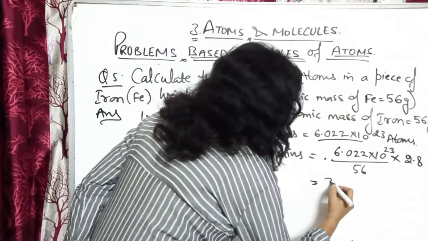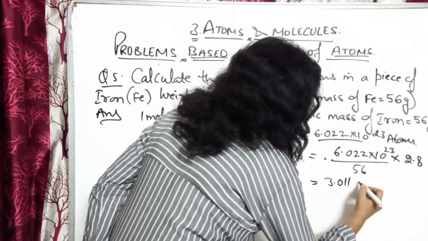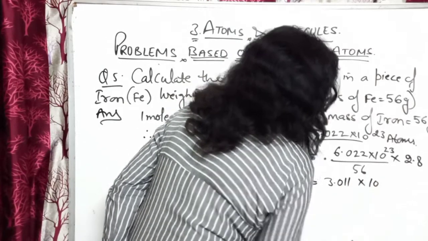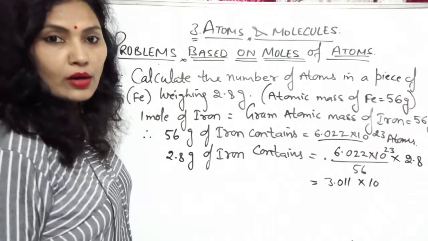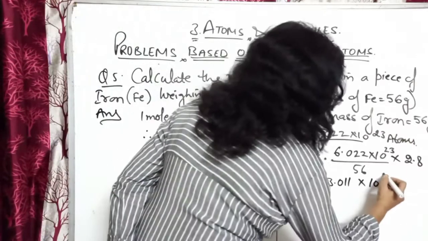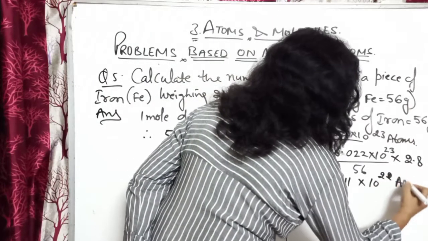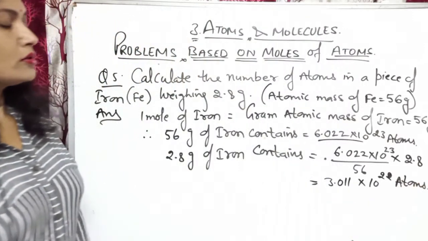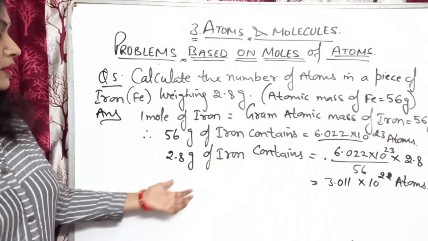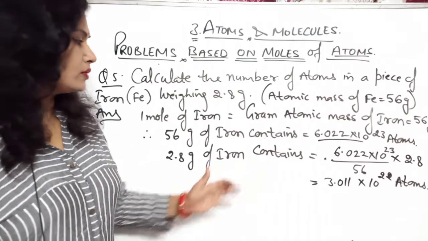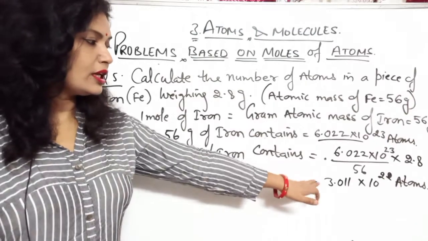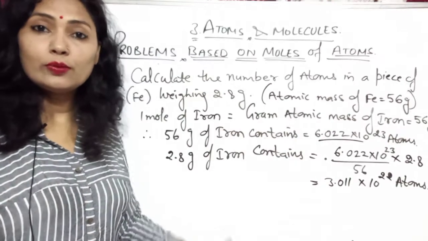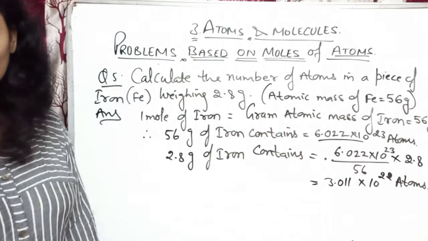Now you will get the number 3.011 into 10 to the power 22 atoms. So 2.8 gram of iron contains 3.011 into 10 to the power 22 atoms. Got it?